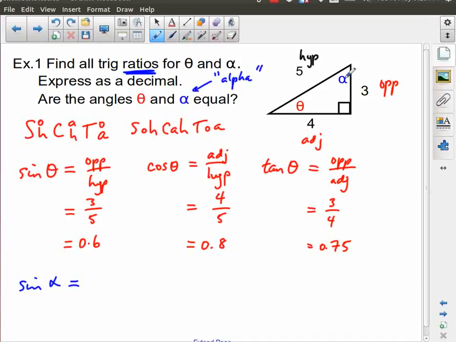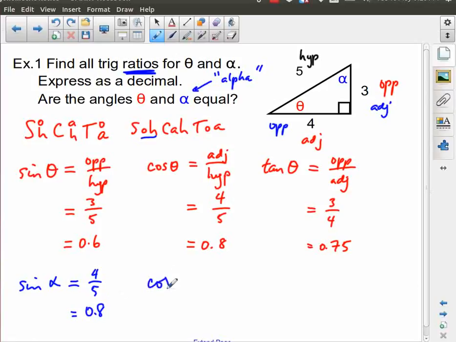Hypotenuse doesn't change. For the blue, this is opposite and this is adjacent. So it actually depends on which one we're looking at. So for alpha, the sine of alpha is opposite over hypotenuse, which is going to be 4 divided by 5, which is equal to 0.8.